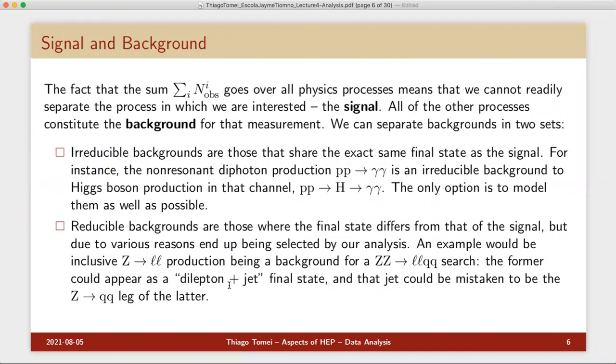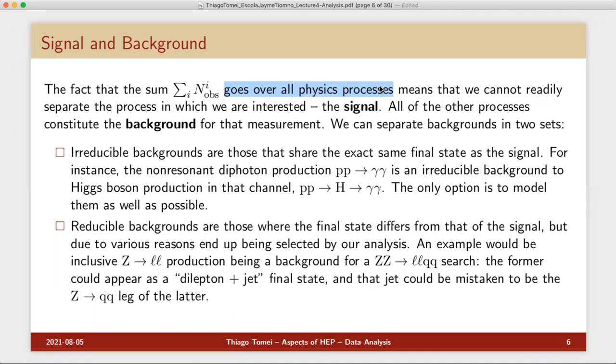So if we forget the fakes for a second, notice that the sum of the number of events observed has to go over all the physics processes. And you know that, right? When you are calculating a final state, you have to consider all the possible intermediate states in quantum mechanics.